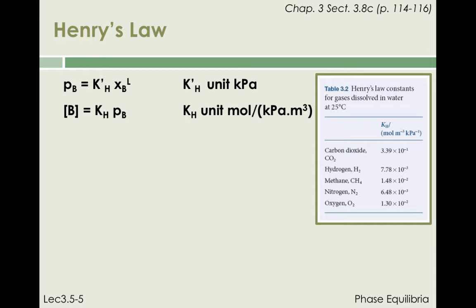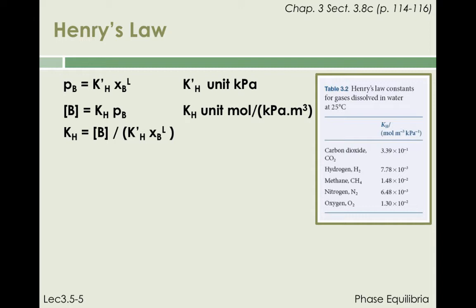You should also remember that if you know one Henry's constant for a given solvent-solute pair, you can easily derive the Henry's constants applicable for other measures of solute concentration. For example, dividing the second equation by the first leads to K sub H equal to the molarity of B divided by the product of the mole fraction of B in solution and Henry's constant K prime sub H.